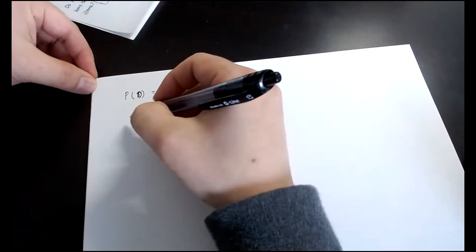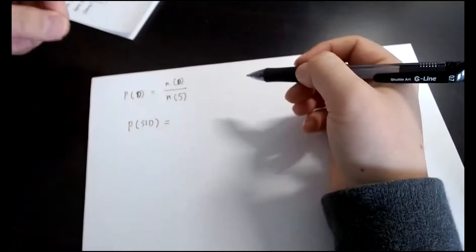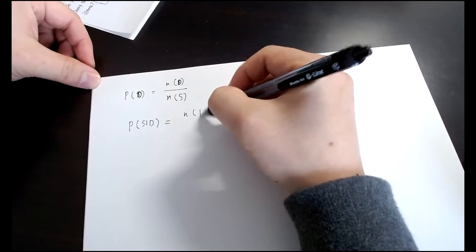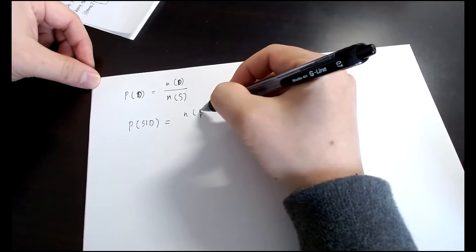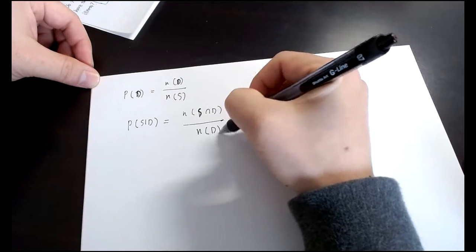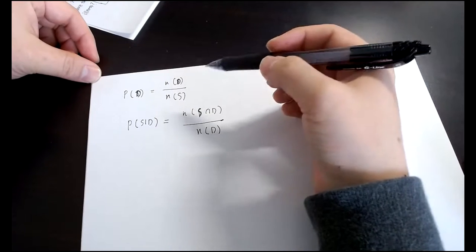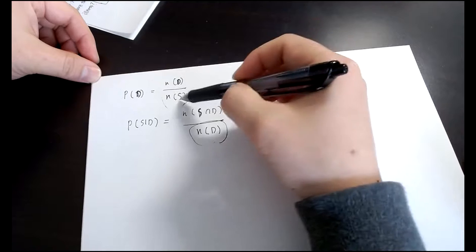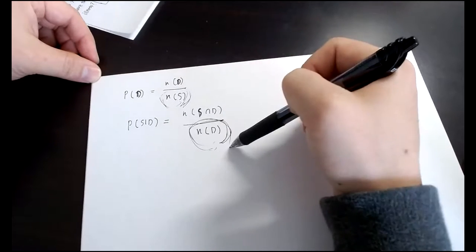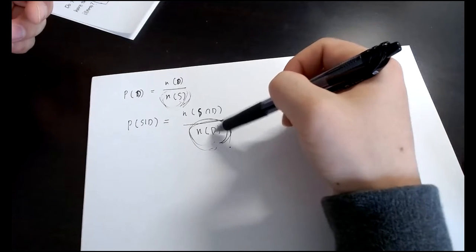Now the probability of S given D, when you calculate it using classical probability, is going to be the number of outcomes in S intersection D over the number of outcomes in the event D. So the numerator is changed, but the denominator is also changed, which means that we can say the sample space is just reduced by D when you calculate the conditional probability.